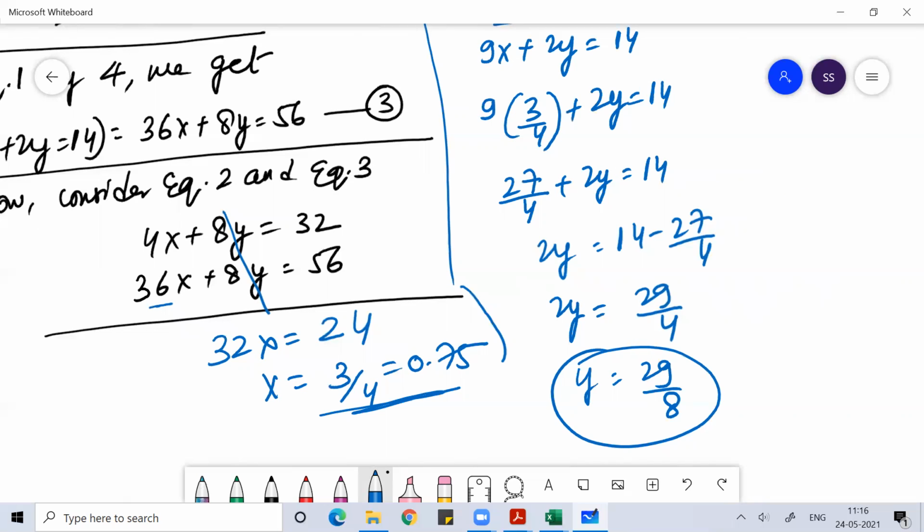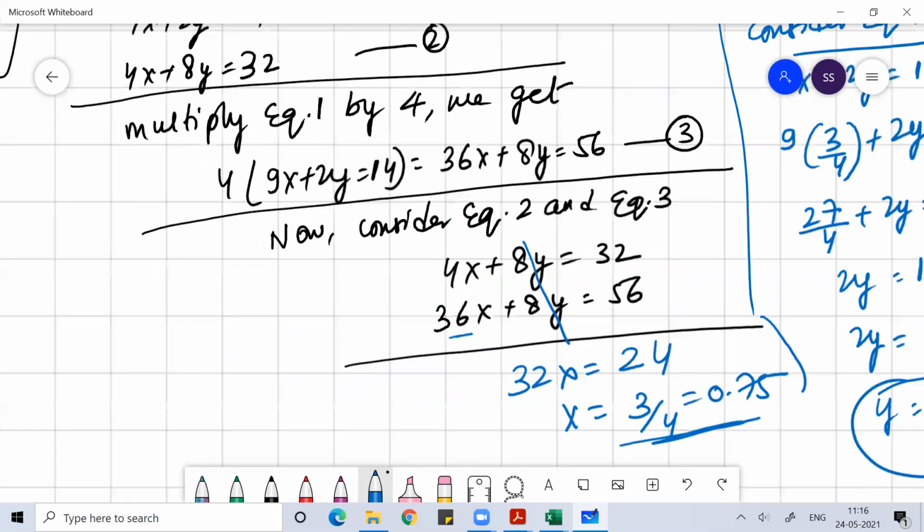29 by 8 is 3.625 something. That was the value of y. Let it be in fraction only, 29 by 8. So I get x and y: x is 3 by 4, y is 29 by 8.